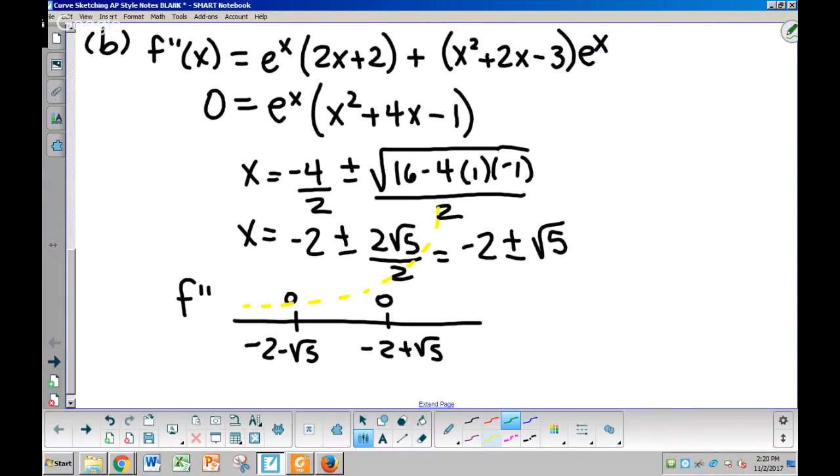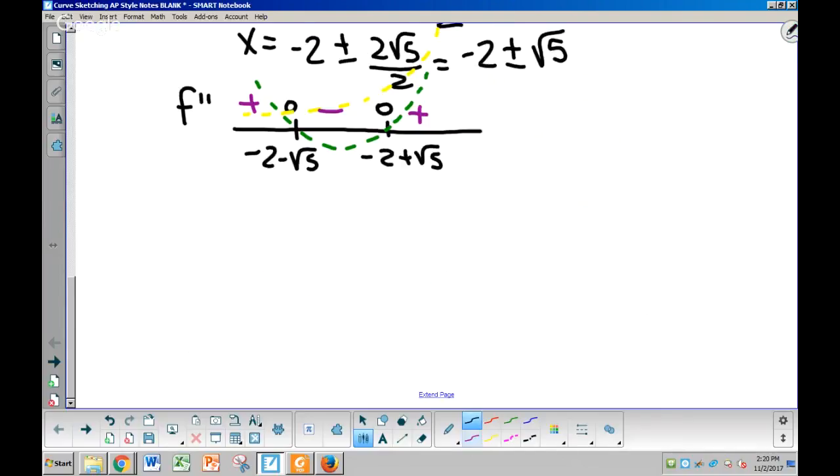And I'm going to superimpose now the parabola, which opens up, to do my sign chart here. And what are the signs here? We go positive, negative, and positive. Good. So where are my points of inflection? Isn't it just those points? Well, it is because the sign changes. Yes. So we would say f has points of inflection.